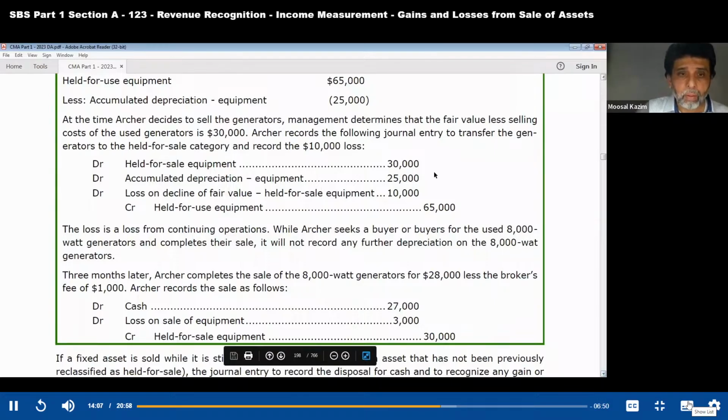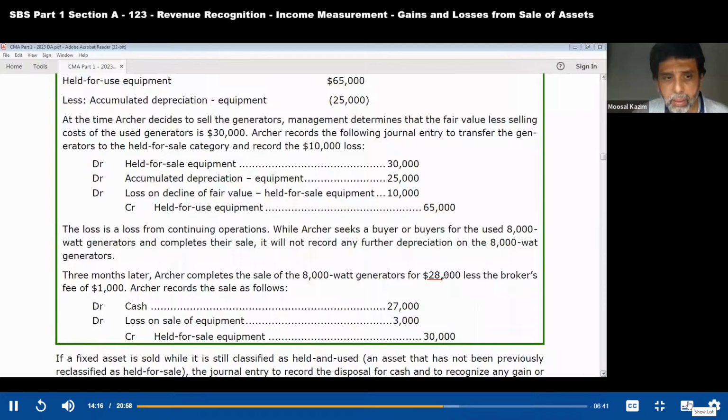So now, 3 months later, when they sell it for 27,000 cash, okay, actually they sold it for 28,000, but brokerage was 1,000, so they would recognize cash of 27,000. The held for sale equipment is 30,000, which is credited, and then there's a loss of 3,000. This is a loss which was not previously recognized, so that is recognized now when they sell it.